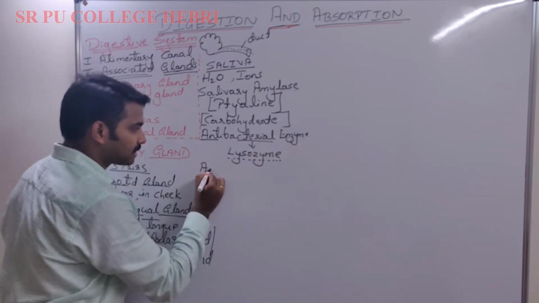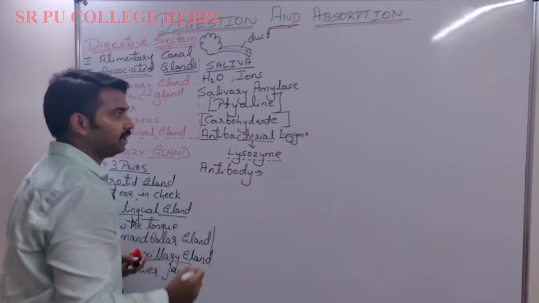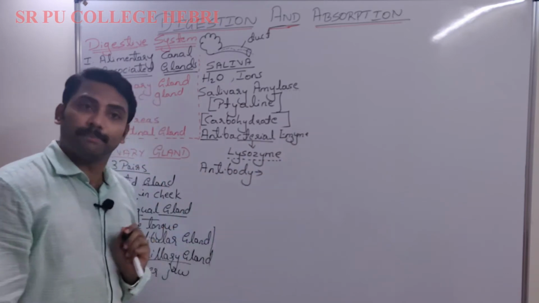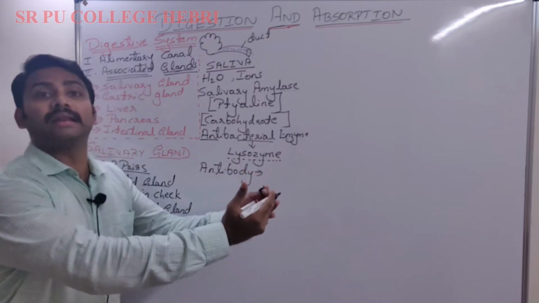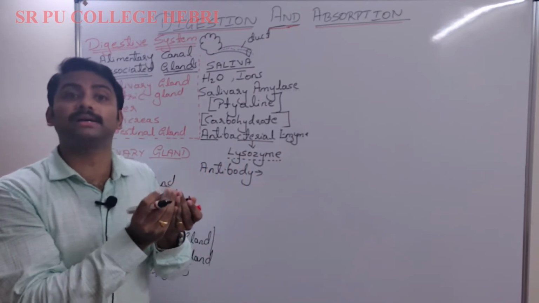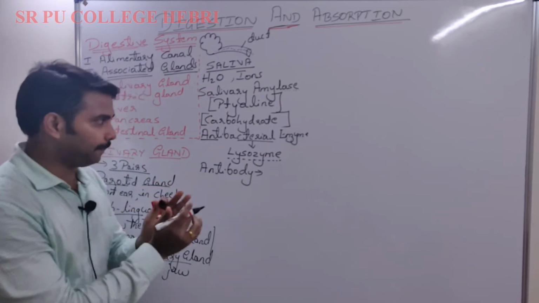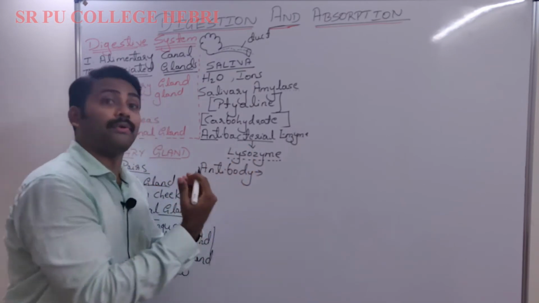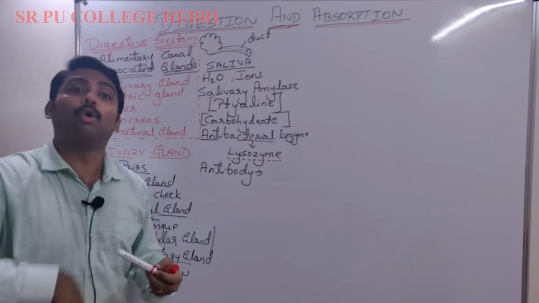Along with that, saliva also has an antibody. Antibacterial enzyme is different, antibody is different, but both fight against the foreign particle like bacteria and virus that enter my mouth. Is that clear? I repeat, both are different, but both fight against the foreign particle that enter my oral cavity.